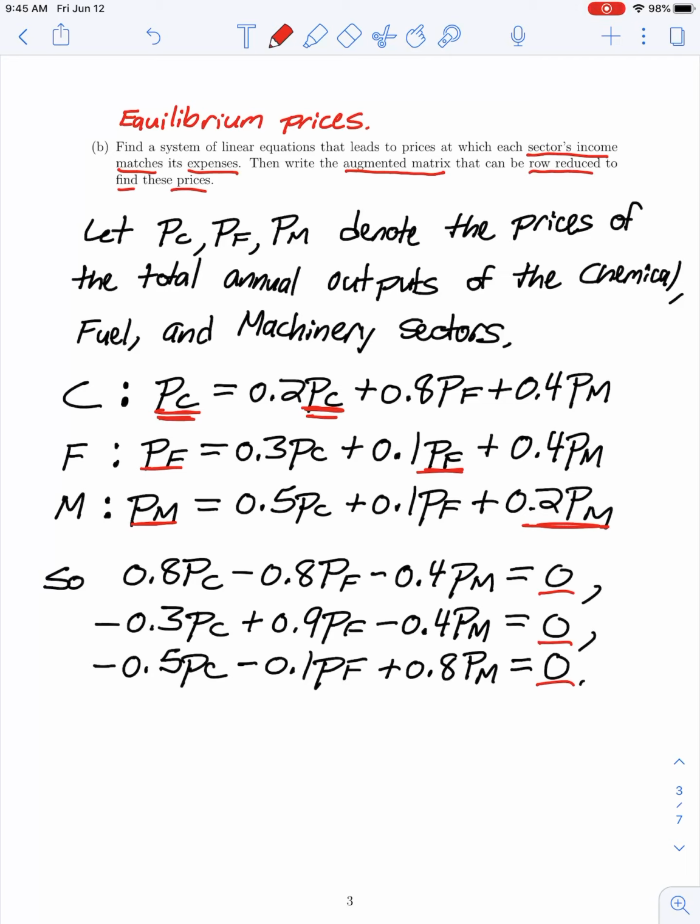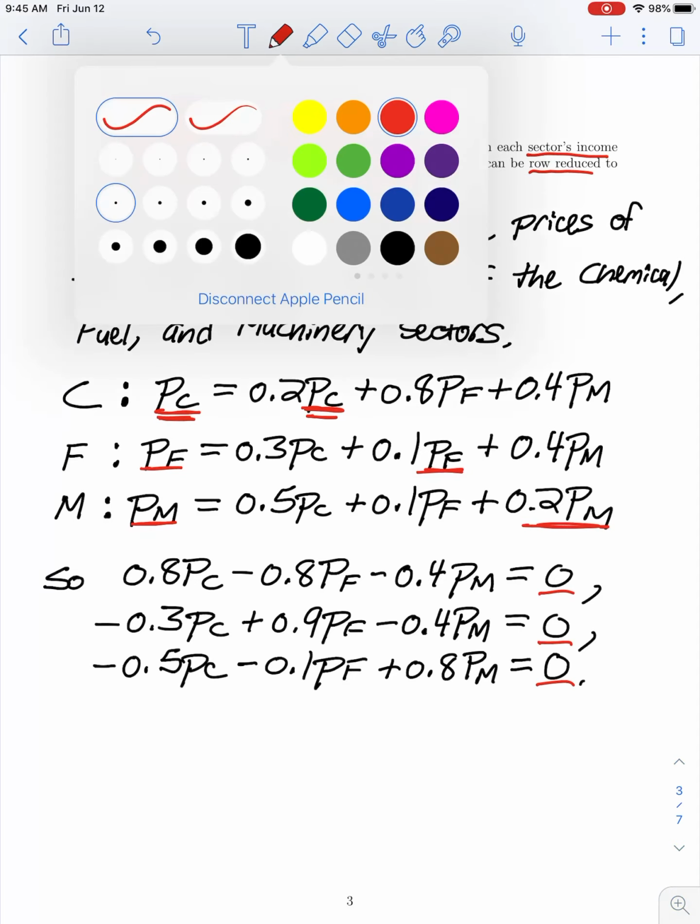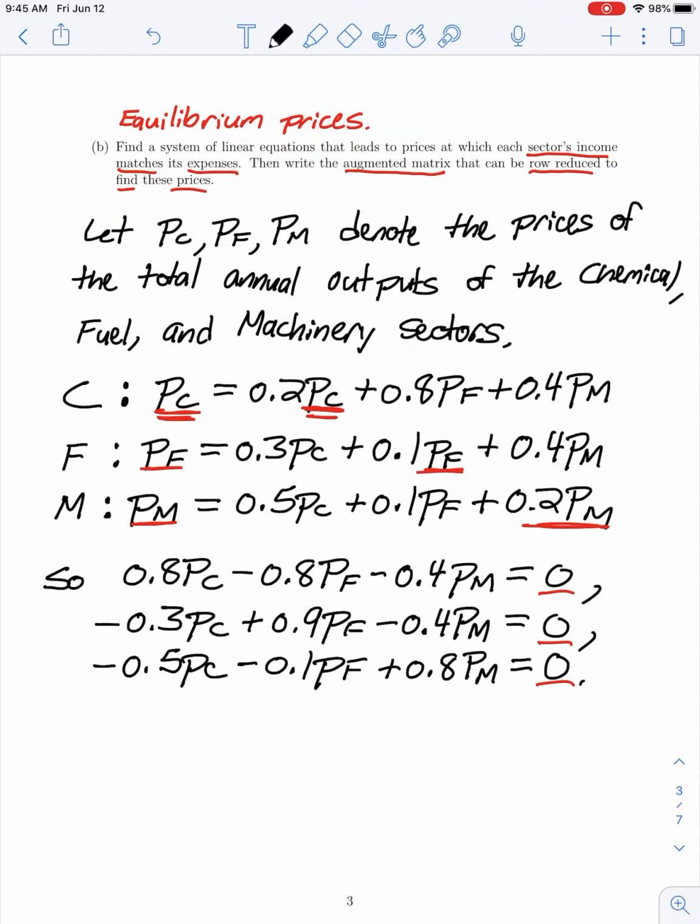And we were told here to find that system of equations, and also write the augmented matrix, which could be row reduced to find our prices. So expressing this as an augmented matrix, we would have for our first row 0.8, negative 0.8, negative 0.4, and 0.